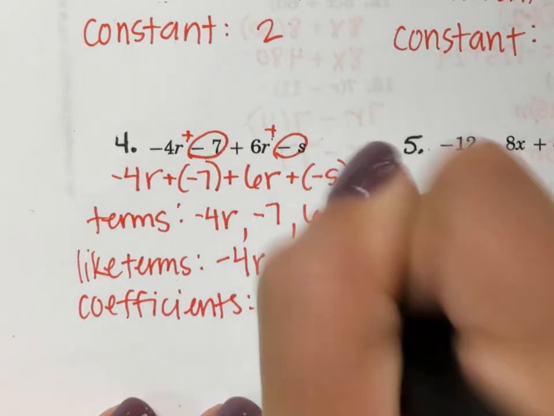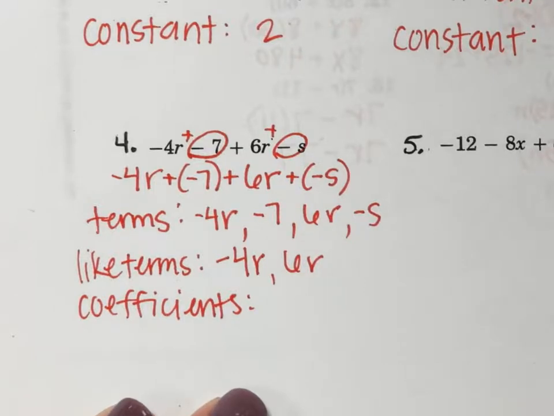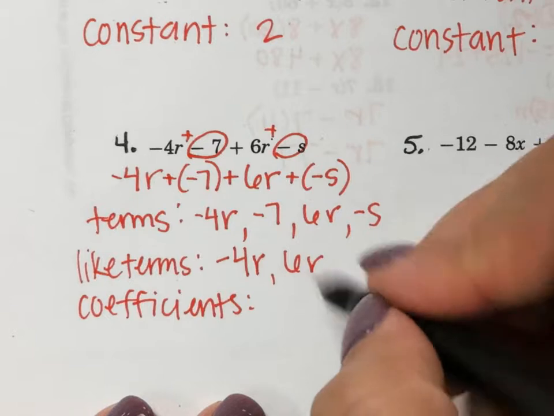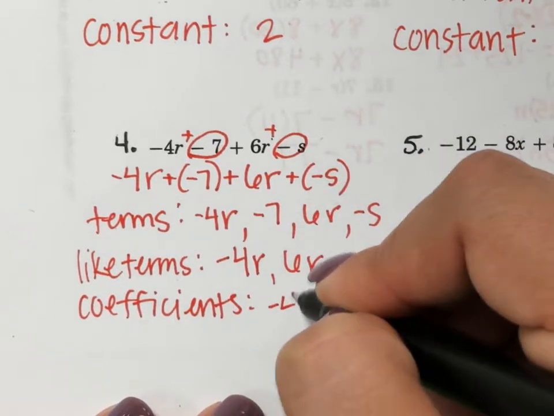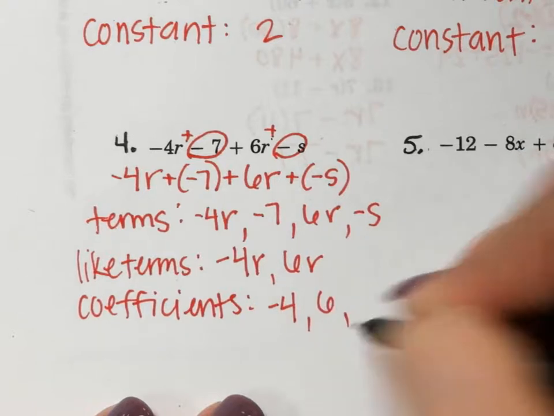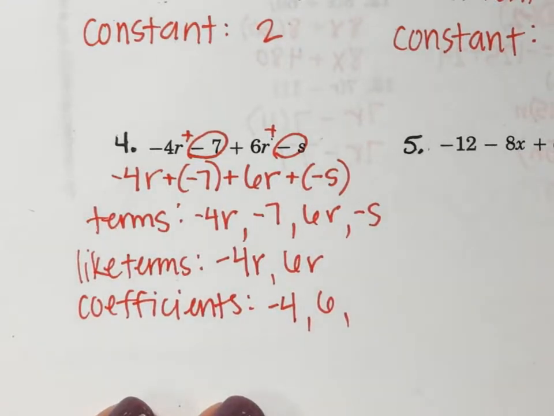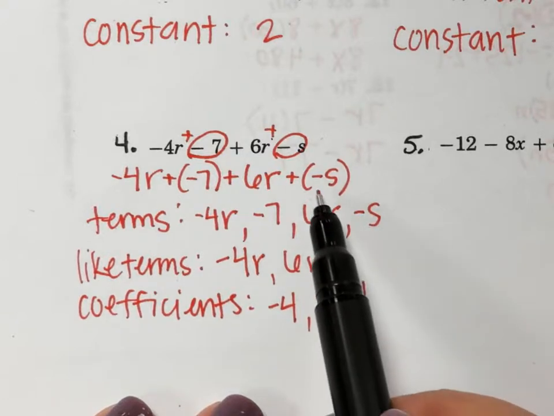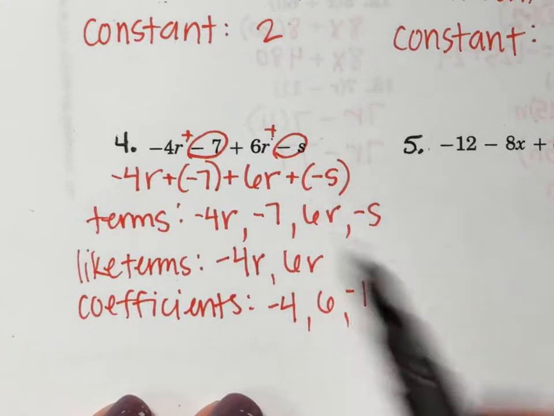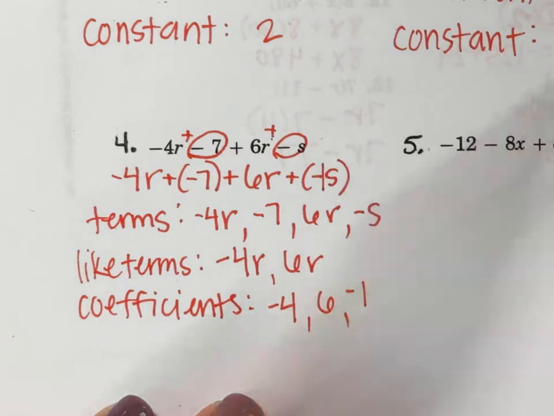What are my coefficients? 4 and 6. 4, what type of 4? Negative 4. Negative 4 and 6. One more. Negative 1. Because remember, in front of my S, that's a negative 1S.